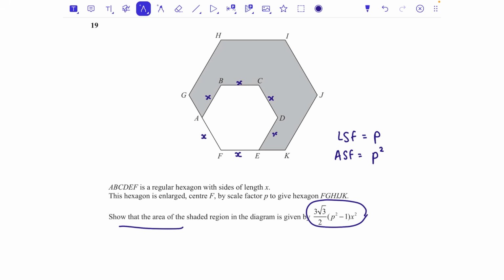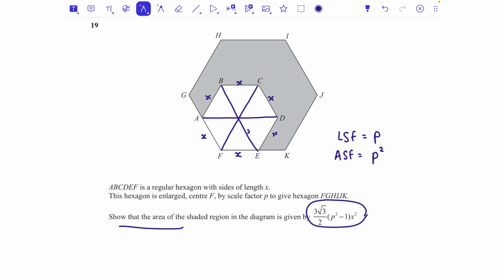Now, don't be scared by that. It seems very overwhelming, but we're just going to break it down. I don't know how to work out the area of a hexagon, but I do know how to work out the area of triangles. So I'm going to start by splitting this shape up into 6 equilateral triangles. Now I know they're equilateral because it's a regular hexagon, so it's going to be the same in all directions.